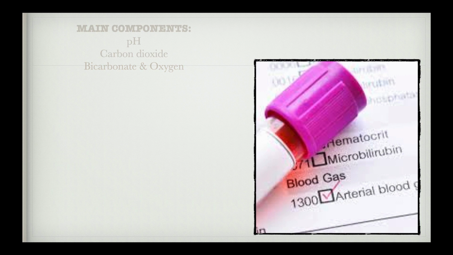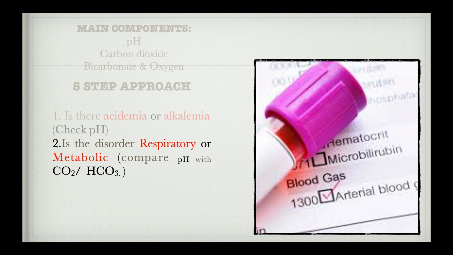Now, there are 5 simple questions to ask yourself in order to interpret the arterial blood gas. You first ask yourself, is there acidemia or alkalemia? And to find out, you must check the pH. The second question is, is the disorder respiratory or metabolic?